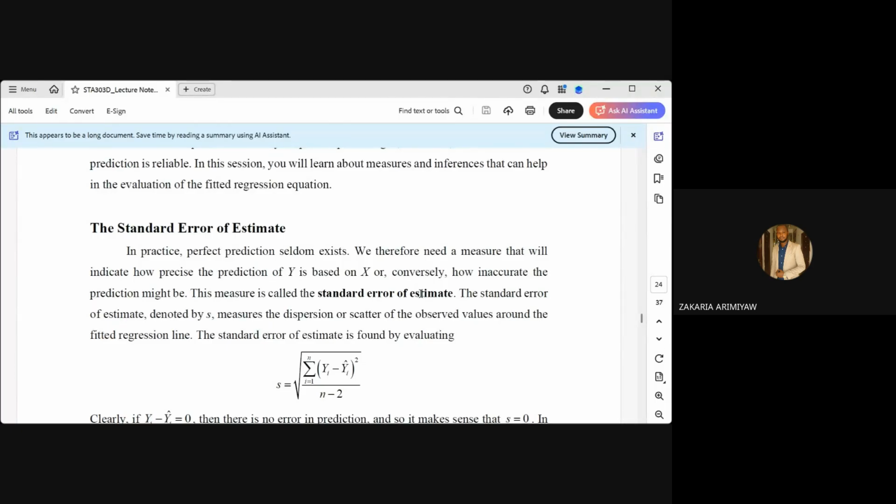If the points are close to the line of best fit, it suggests to us that the regression equation is valid, or it is providing accurate predictions. If the points are far from the line of best fit, it means that the regression equation is providing less accurate values.